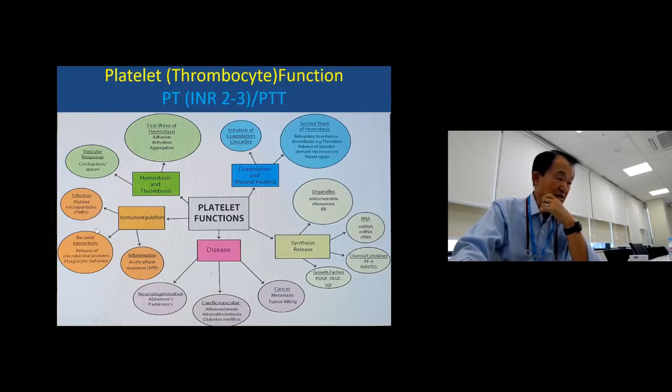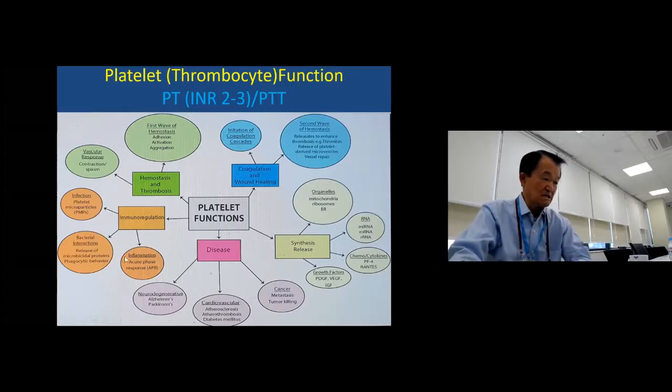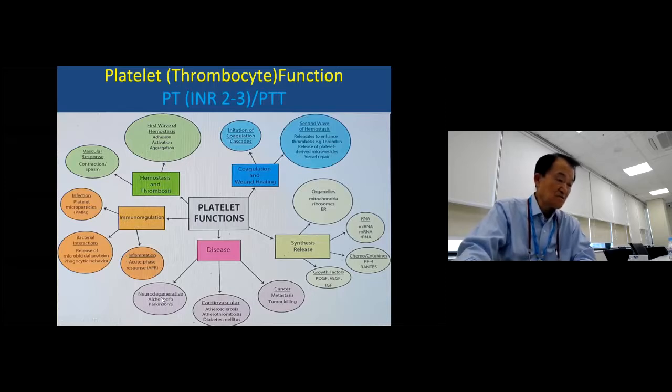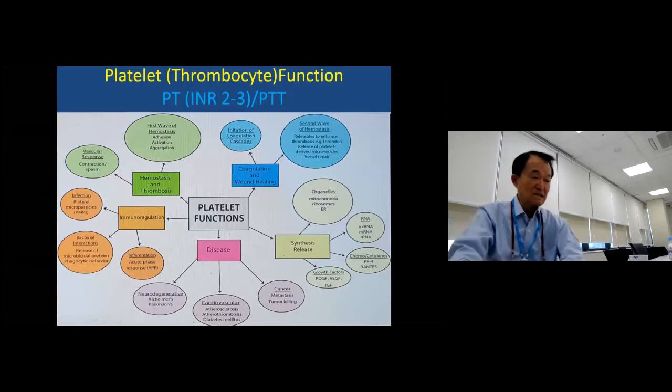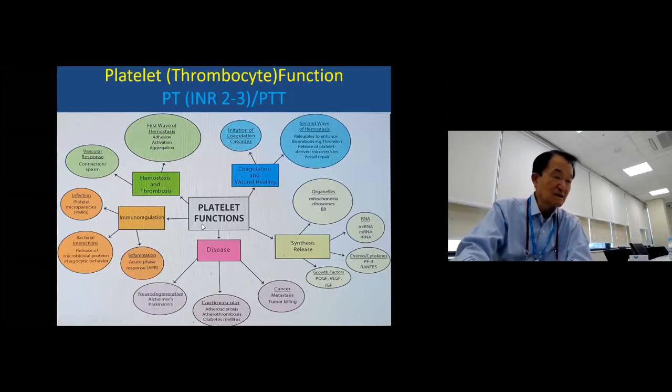So infection, certain bacterial inflammation, and even neurodegenerative disease, Alzheimer's, Parkinson's, and cardiovascular. Obviously, all this is related to platelets. So cancer as well, cancer metastasis, tumor killing. Yeah, so platelets are important.